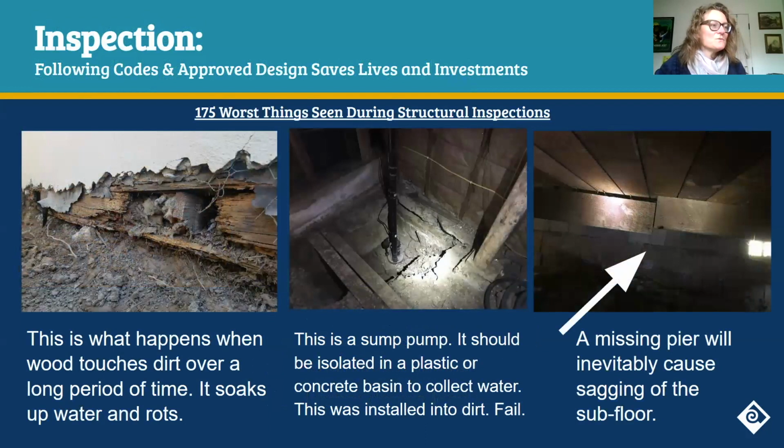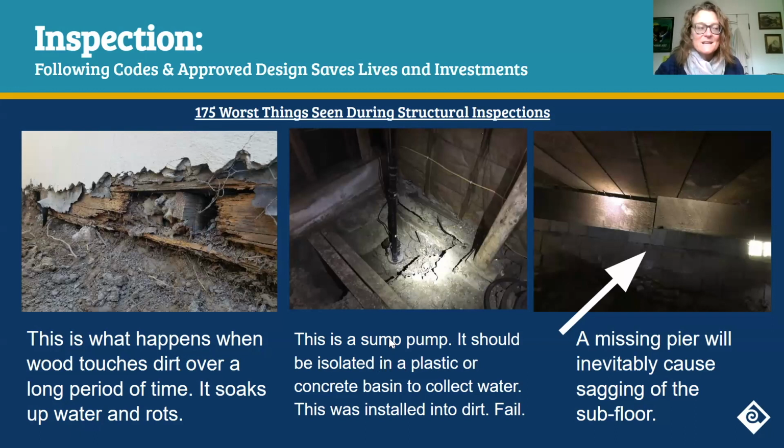Here are some more examples of why building inspecting is so important, making sure that materials are built as they're intended to. If wood and water and dirt come in contact over a long period of time, it leads to rot. Here we have a sump pump, for example.